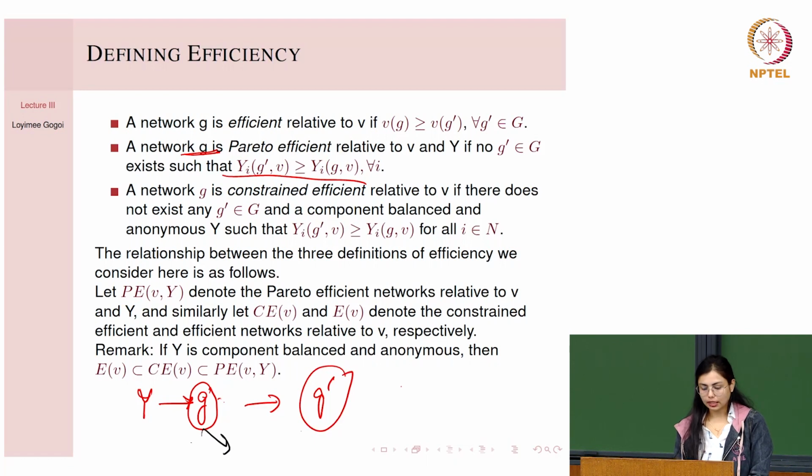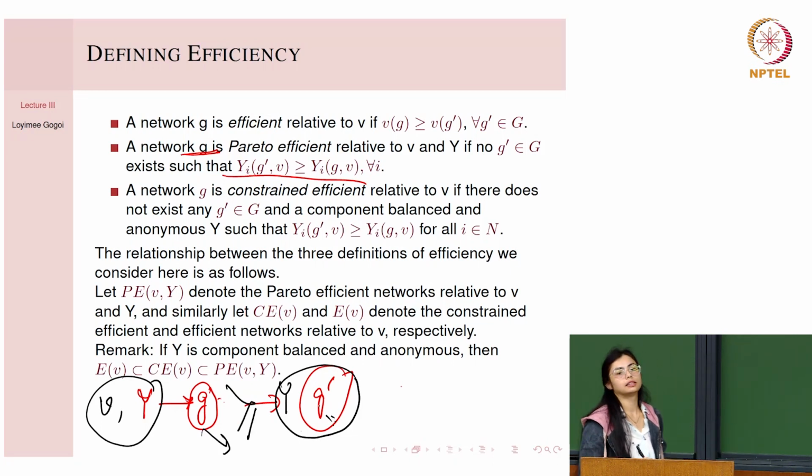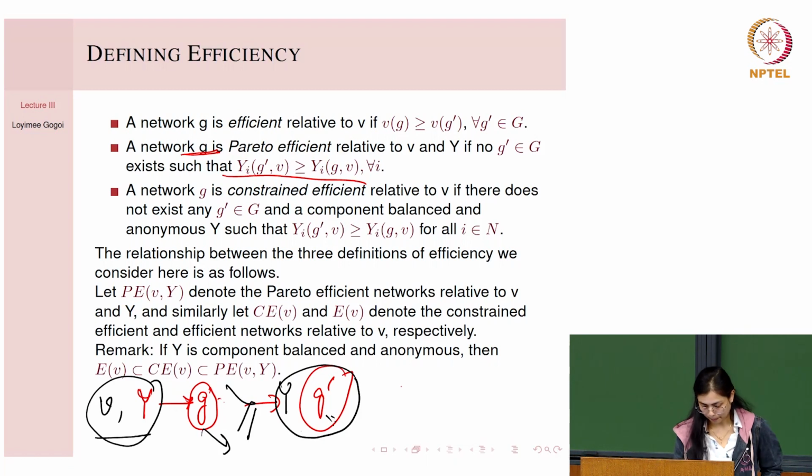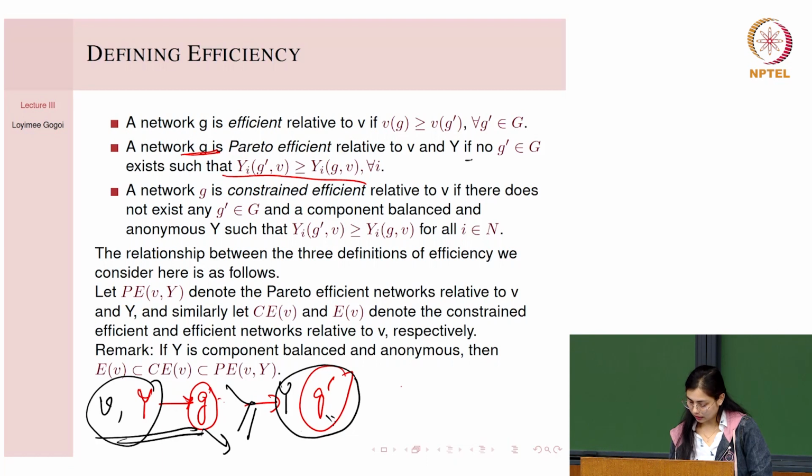So Z is efficient relative to V and Y when there does not exist any allocation rule for any G prime that is greater than this allocation. That's why we say there is no G prime, no other subgraph on G, such that this will happen.